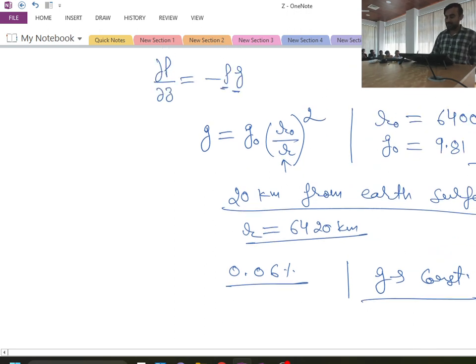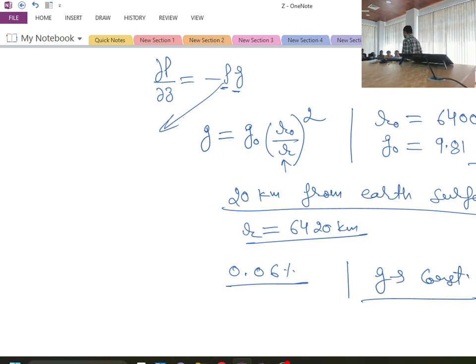Then comes the other parameter, which is density. We all know that for gases, density is a strong function of pressure, and it will vary significantly with elevation also. But for liquids, considering their incompressible nature, if the pressure change is not very large, then density can be assumed constant.